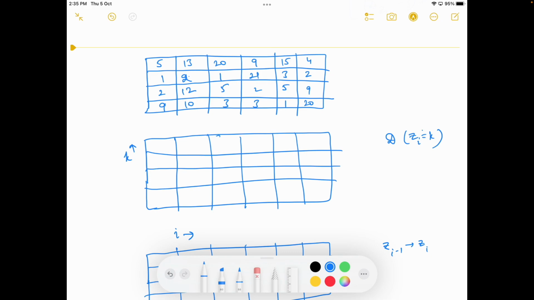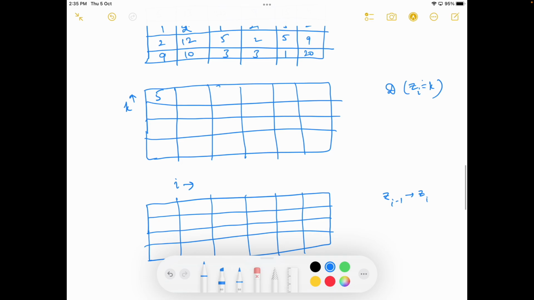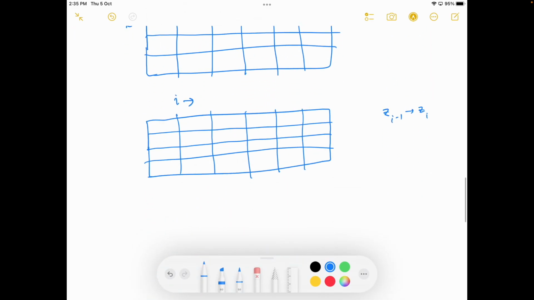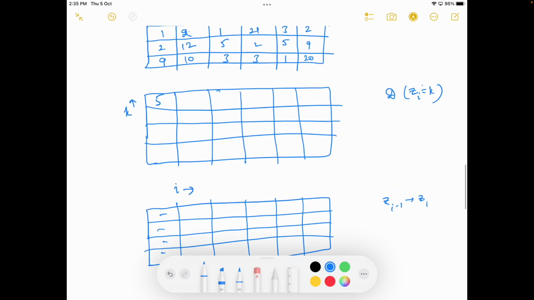Okay, what is the score? 5. And what was the previous link? Nothing, so this can be empty. Empty. I'll just copy it here.